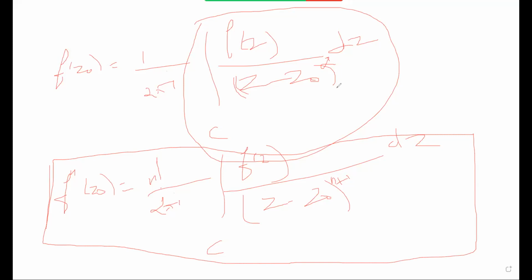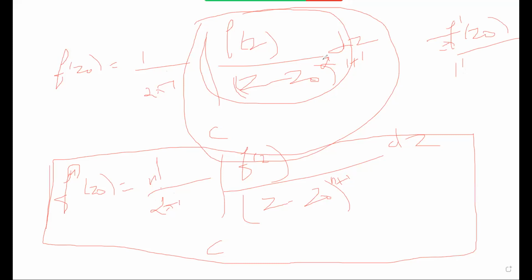Suppose you have order 2, then 2 can be written as 1 plus 1, so here in the place of n we have 1, and you have to differentiate 1 time. So the integral is f dash of z naught into 2 pi i divided by 1 factorial.